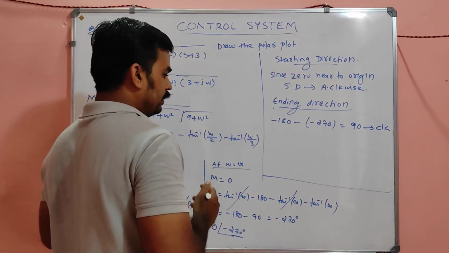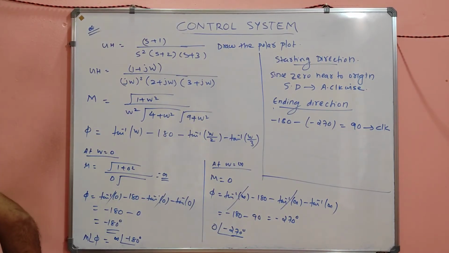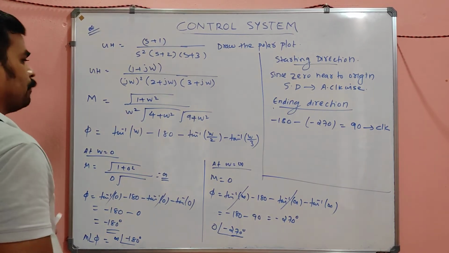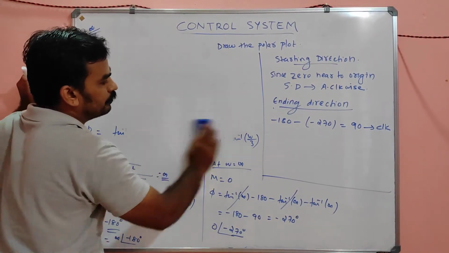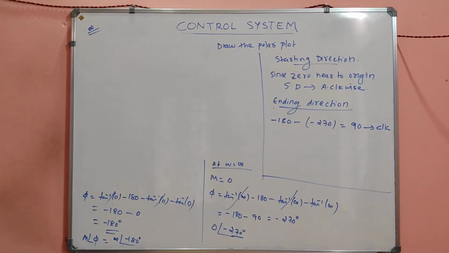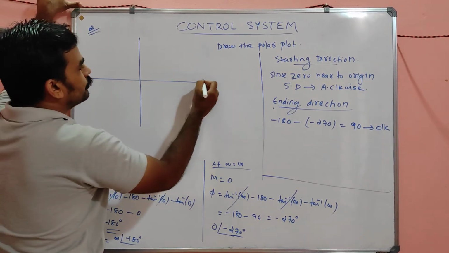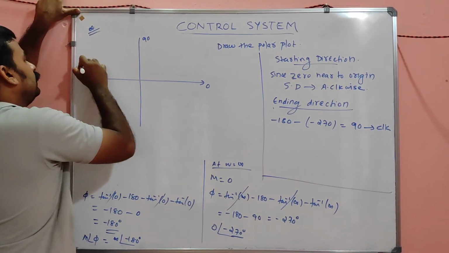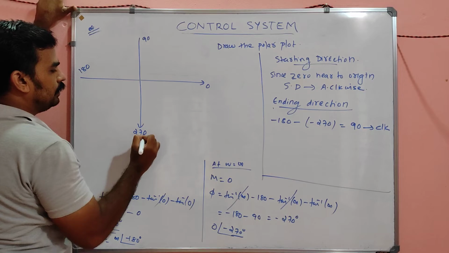So what will be our plot, my dear? 0, 90, 180, 270.